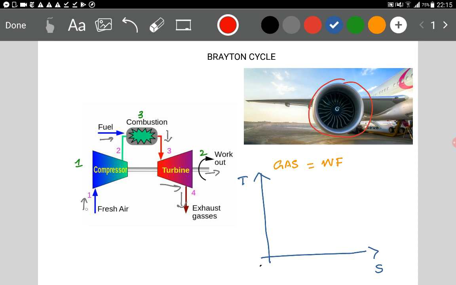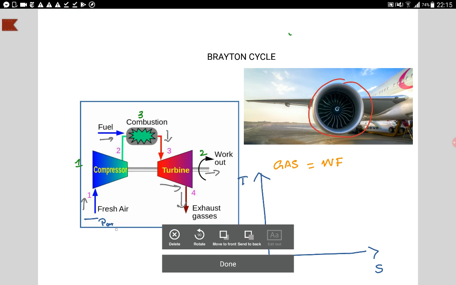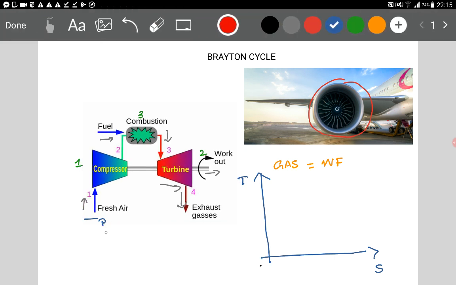Starting from here, where the pressure is the ambient pressure, P ambient, and the temperature here is also T ambient. Here the pressure is P high, and the temperature is... no, sorry, the temperature is not T high, but it is T intermediate.